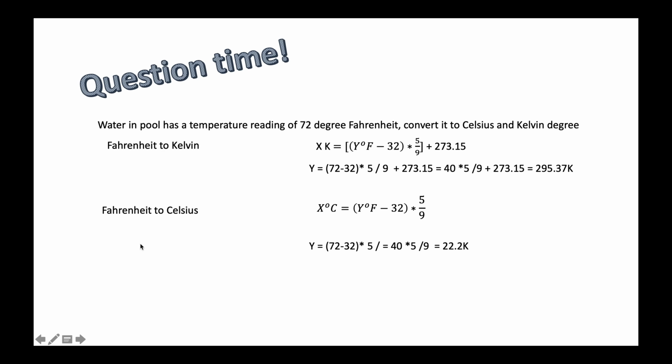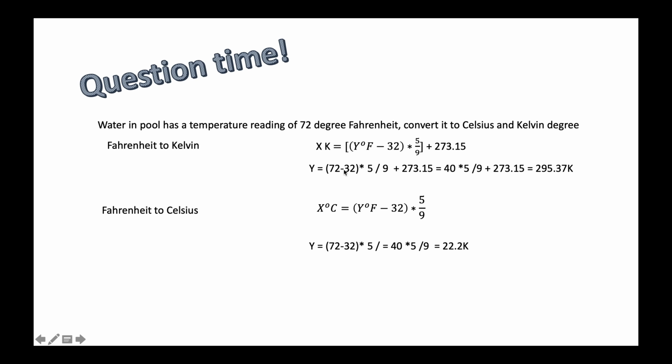Let's say the water in your pool has a reading in Fahrenheit, what we usually use, of 72 degrees Fahrenheit. And you're being asked to convert it to Celsius and also Kelvin. So for Fahrenheit, we just do the same thing. We plug in the numbers, right? In this case, from Fahrenheit to Kelvin, it's y degrees F. So you bring 72 to y.